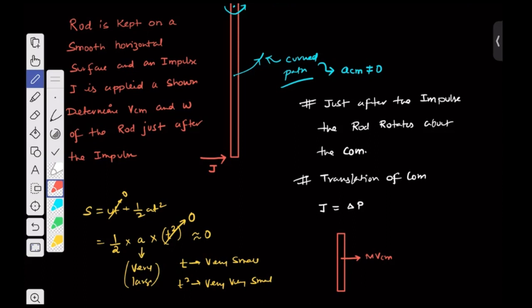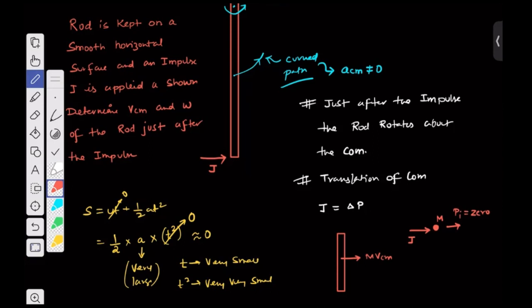Think of a point mass on which we apply an impulse J, and the mass of this point mass is the same as the mass of the system, M. Just before the impulse, the initial momentum of this point mass is 0.